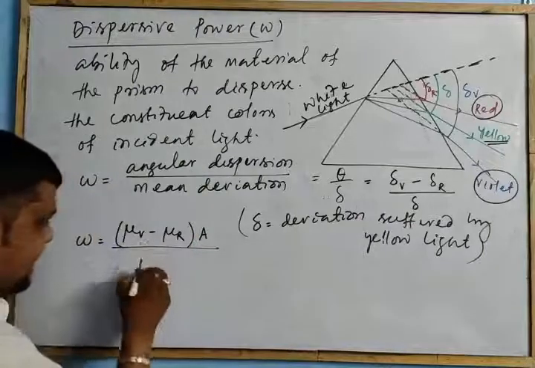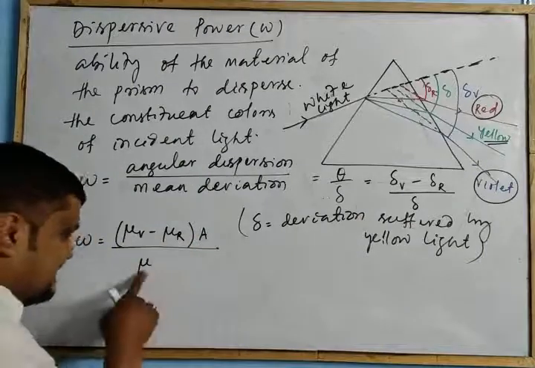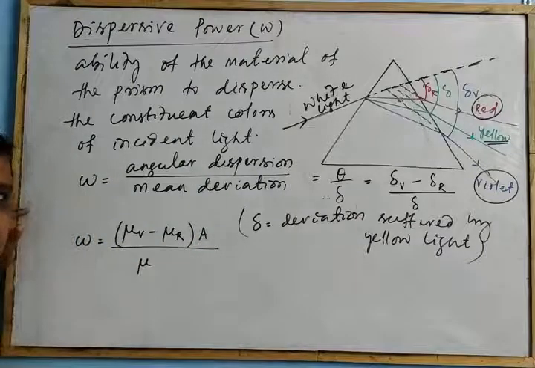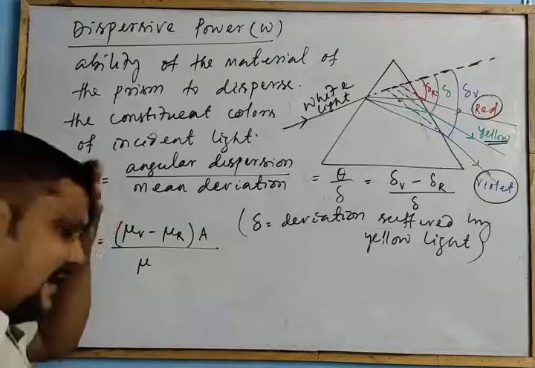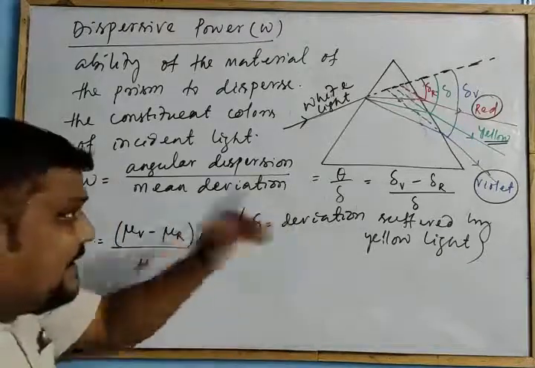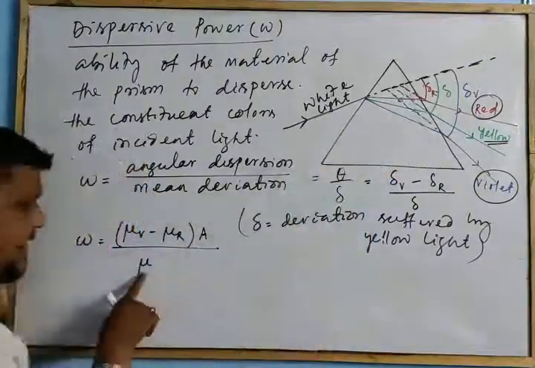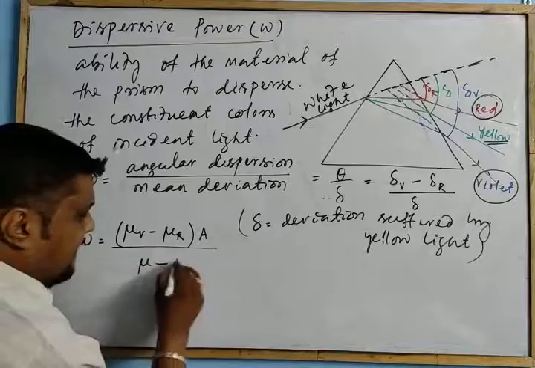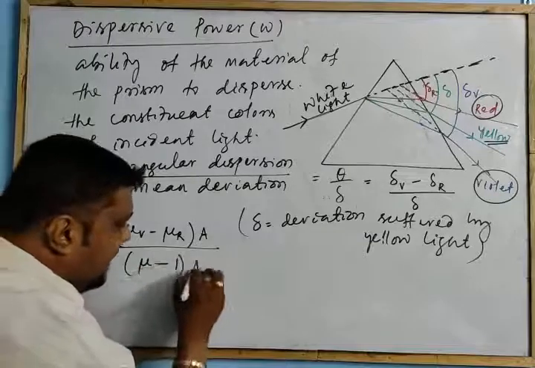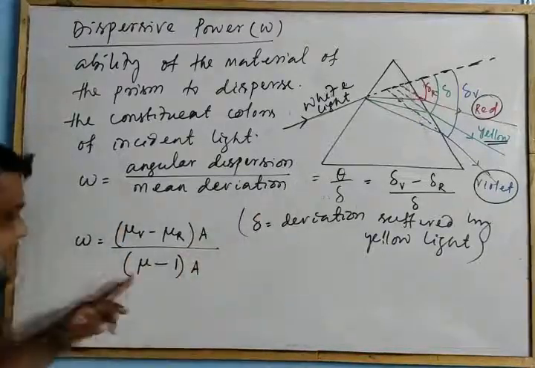Delta is equal to the mean refractive index of the material of the prism for yellow light, so mean refractive index minus 1 into A, that is for delta. So this is for white.